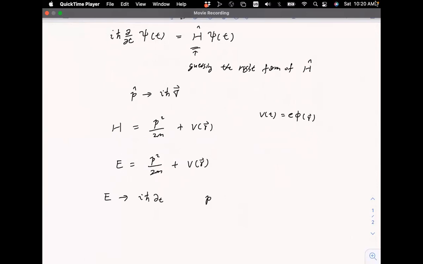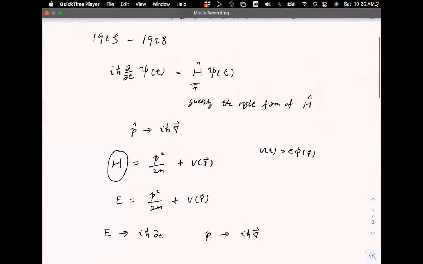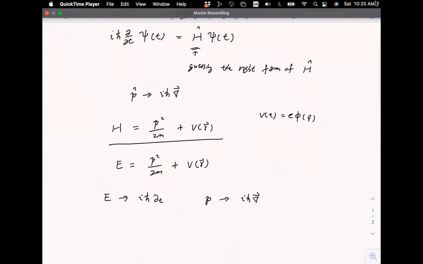And then you have a P, you make it into this. Okay. Why? Because this E somewhat corresponds to the Hamiltonian, and this Hamiltonian is just this part. Okay. So this is the Hamiltonian, and this you can call the dispersion.